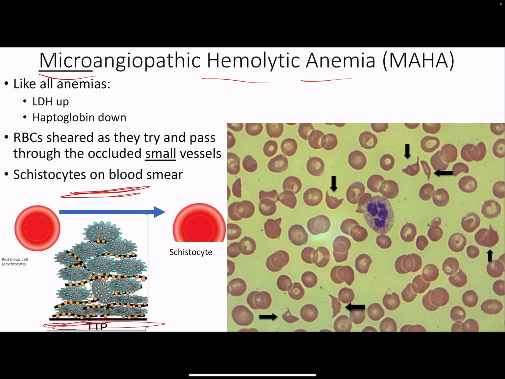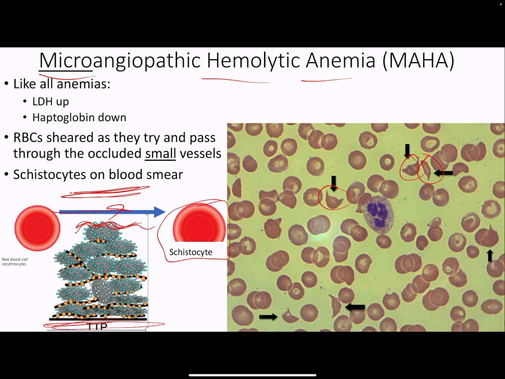This red blood cell does not have a lot of room to get by. And so it cleaves against the sharpness of this platelet here and it becomes a schistocyte. So it's trying to squeeze by and it cuts off like a third of itself. And you can see these here, you can see another one there, you can see another one there.